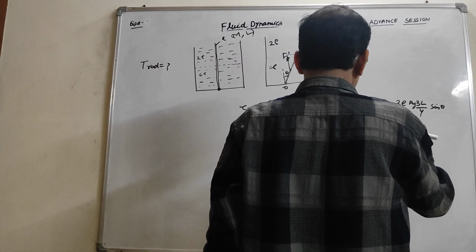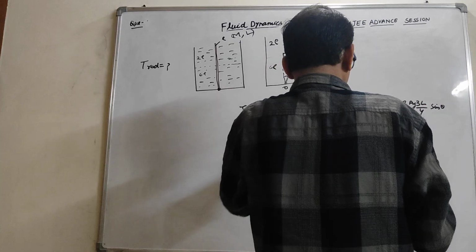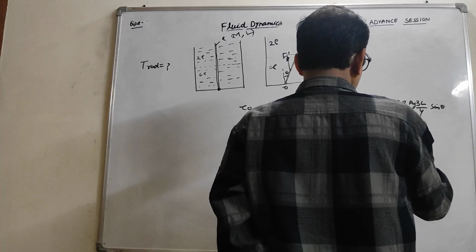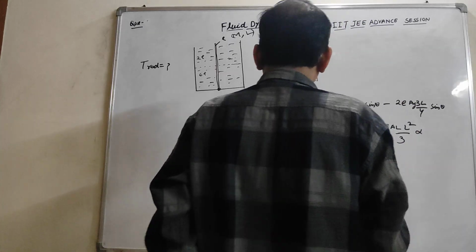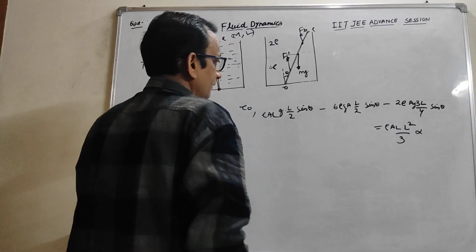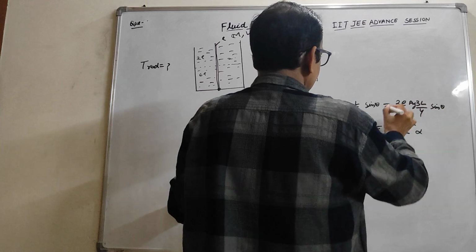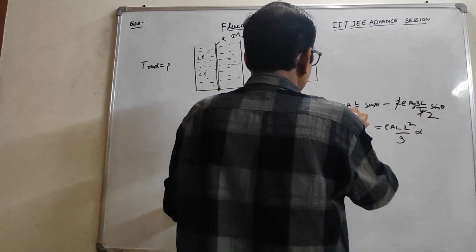into g. mg, and I is mr square. For the mass we have to write mass only, rho AL. So here also rho AL, rho AL. So this becomes 3 by 2.